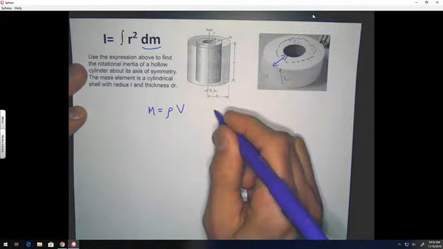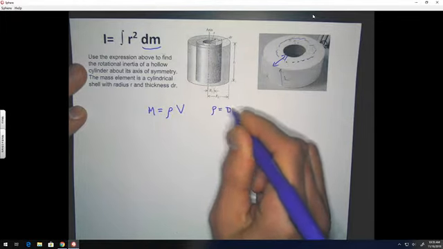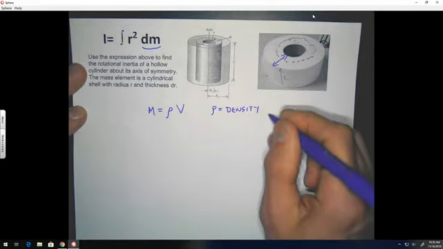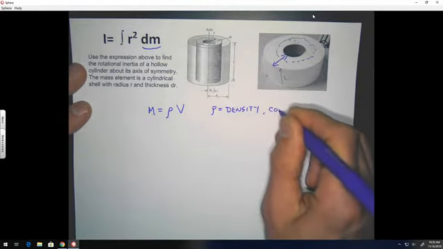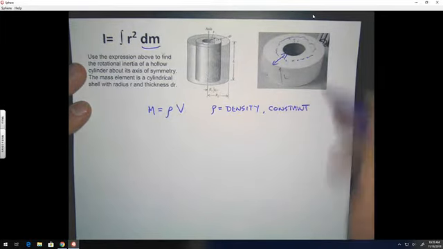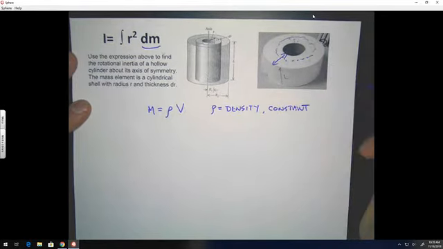We're going to assume that density is constant, like it would be for a roll of toilet paper or for a solid cylinder made out of wood or anything like that.